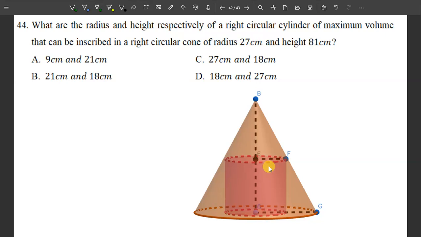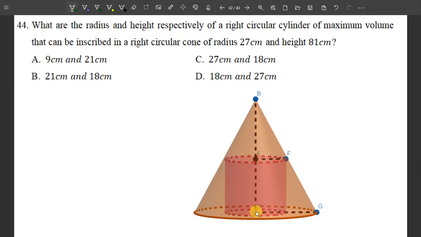Now let us make some representation here. As you can see, from this point E to point F, suppose we call it the radius of the cylinder, and from point C to point G, suppose we call it the radius of the cone, and let us represent it with the bigger radius.